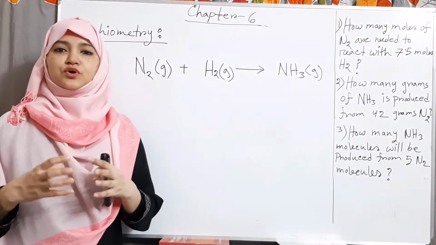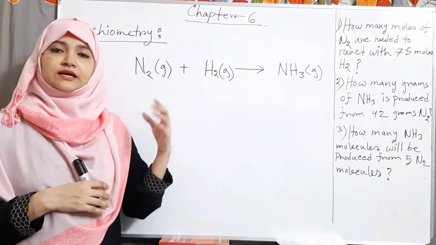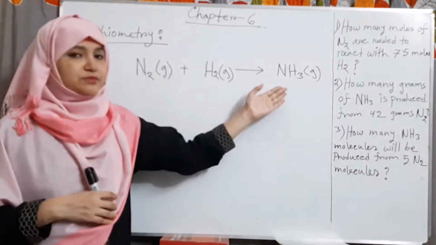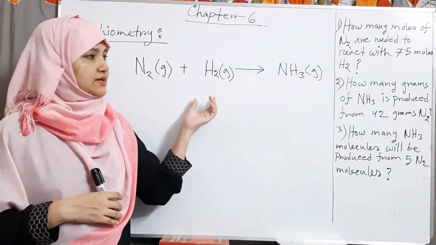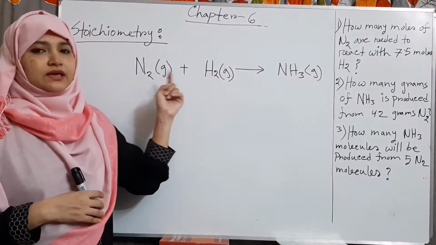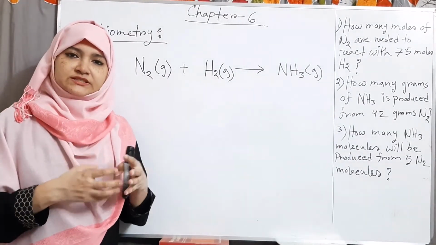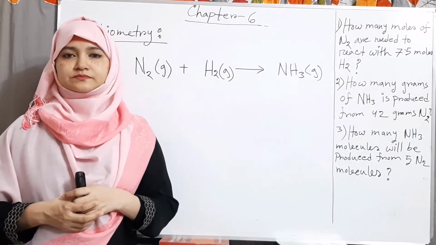This is very useful for understanding the chemical proportion, the proportion of different chemicals as they react at a molecular level. But practically, we cannot deal with atoms or molecules.